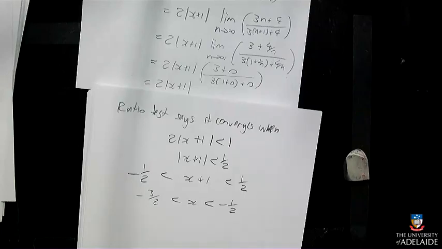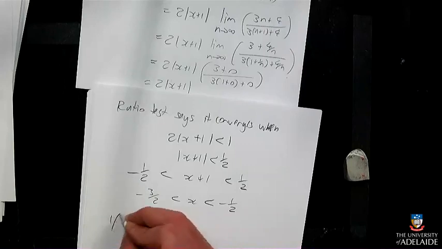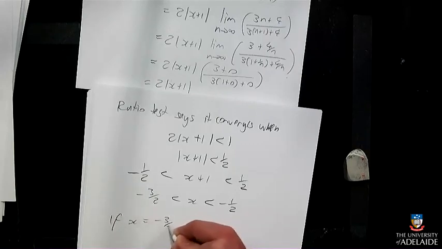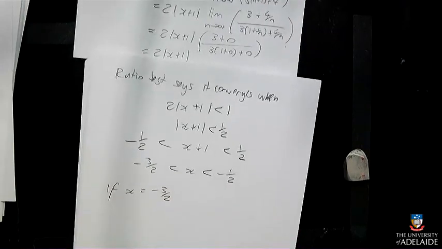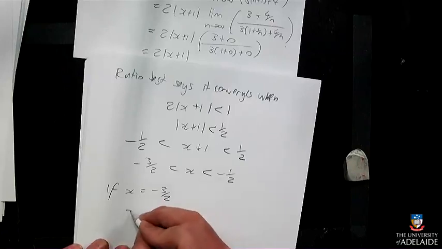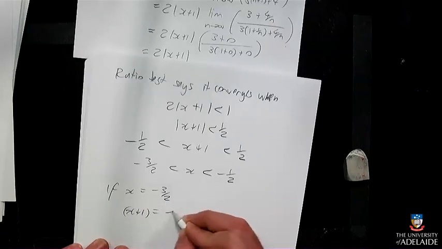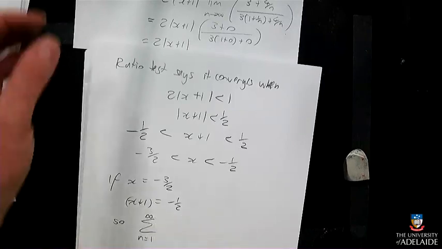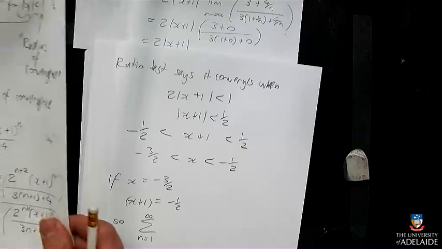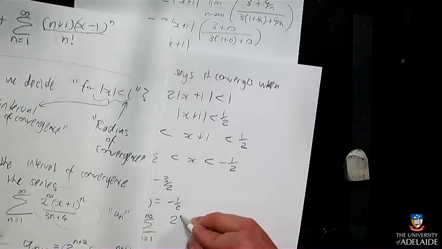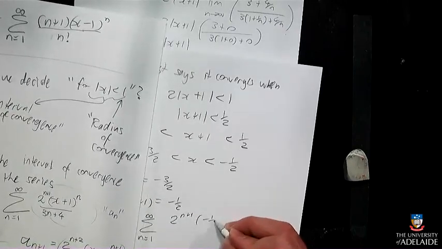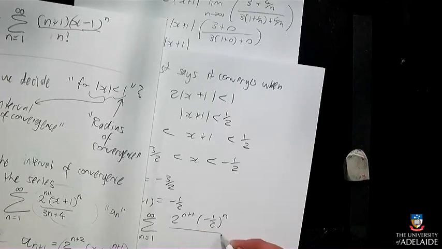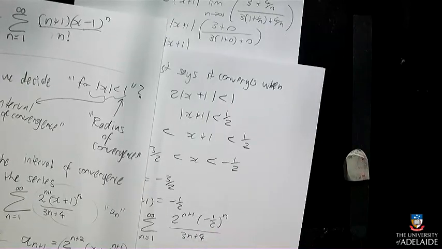3 minutes, all right. So if x is equal to this bottom number, then that means that x plus 1 is minus a half. And so we get, where's the original sum? 2 to the n plus 1 minus a half to the n over 3n plus 4.